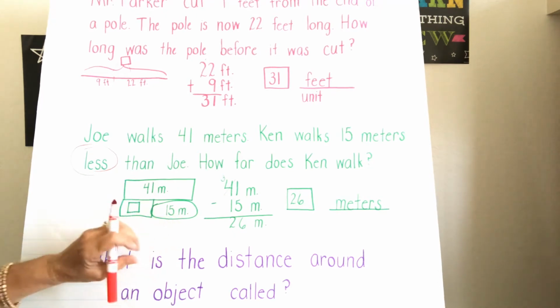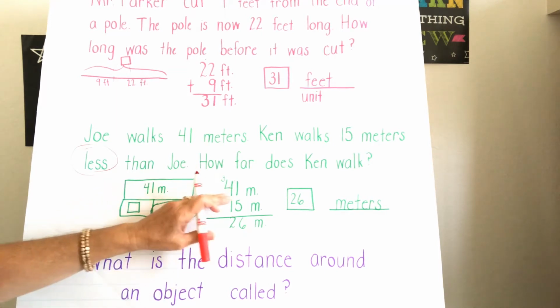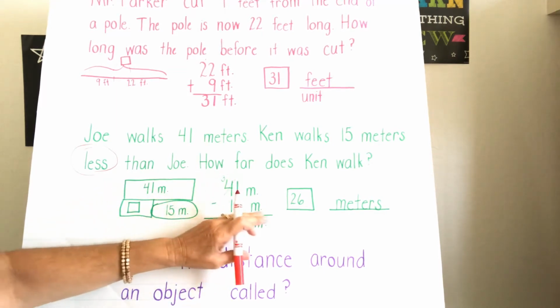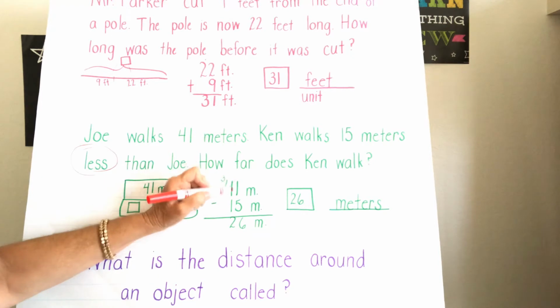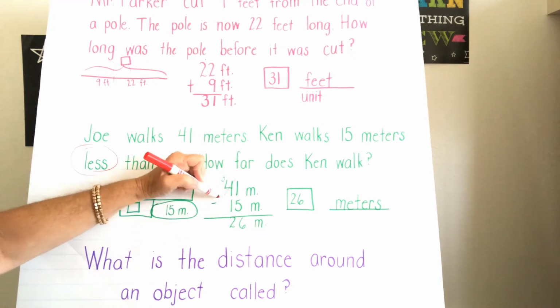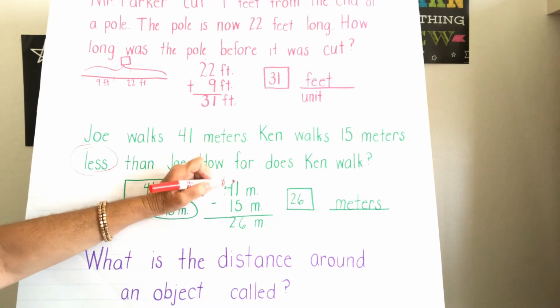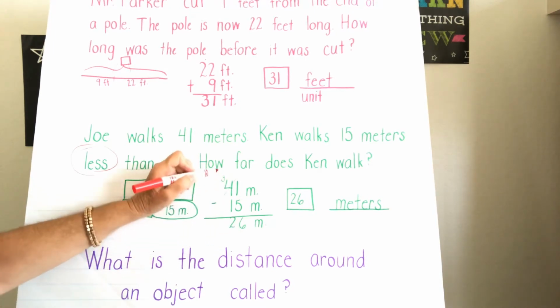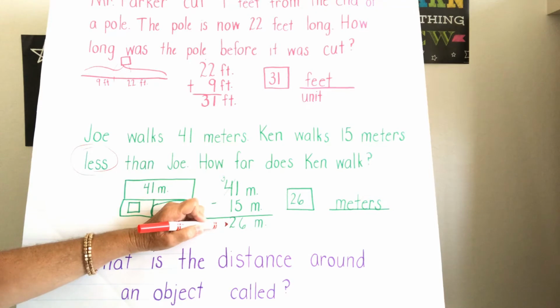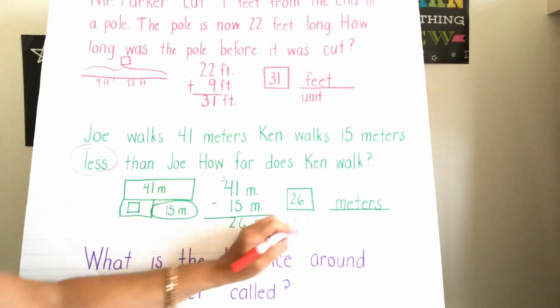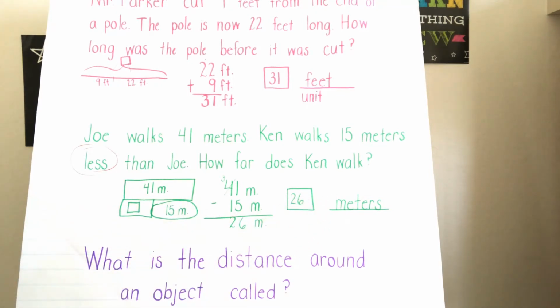So that means that we're going to subtract 41 meters, take away 15 meters. My bottom number is bigger. My 4 becomes a 3. My 1 becomes 11. 11 take away 5 is 6. 3 take away 1 is 2. And my answer is 26 meters.